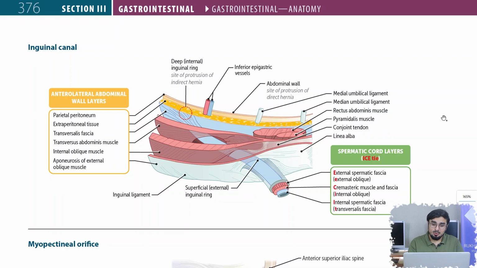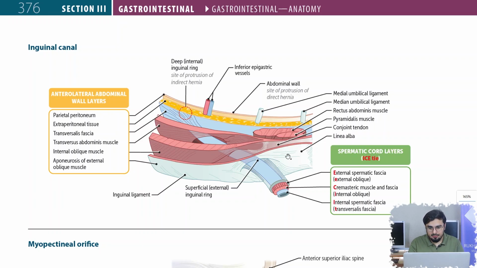Because the hernias, which are the indirect inguinal hernias and direct inguinal hernias, make their way through this canal or even directly from the abdominal wall. The thing that you need to understand is how the deep inguinal ring and superficial inguinal ring are related through this inguinal canal.